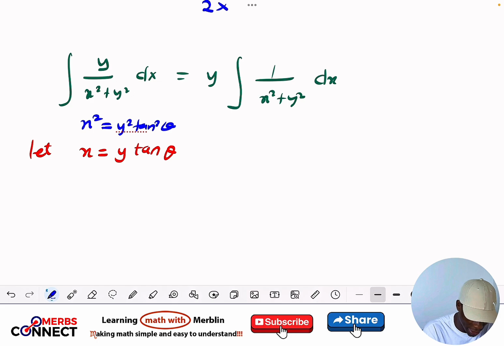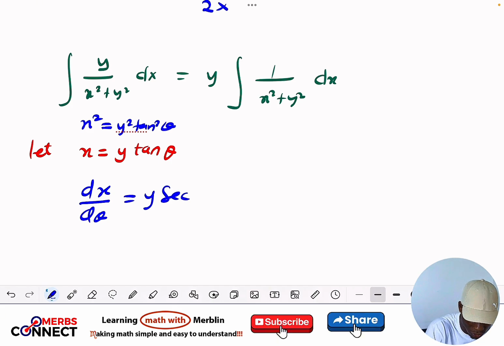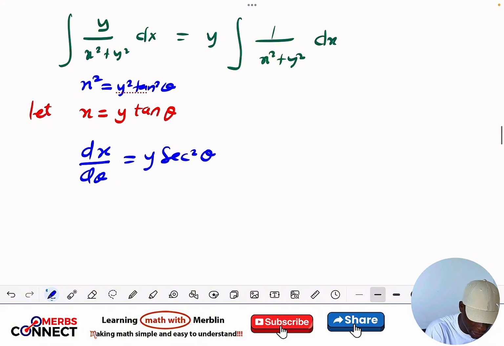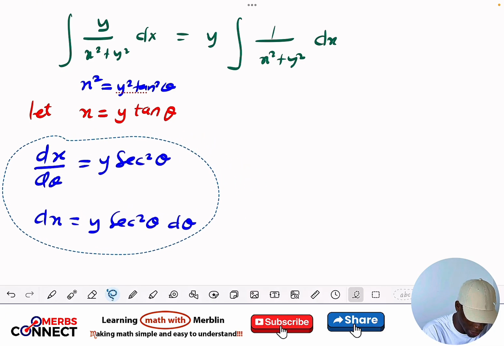Now let's differentiate this with respect to theta because that's our new variable. So dx over d theta will be equal to y, which is constant, so I maintain it there. I differentiate tan and I'm going to get sec squared theta. And then when I make dx the subject, I'm going to have dx is equal to y sec squared theta d theta. So now let's just do the substitution and see what we are going to get.